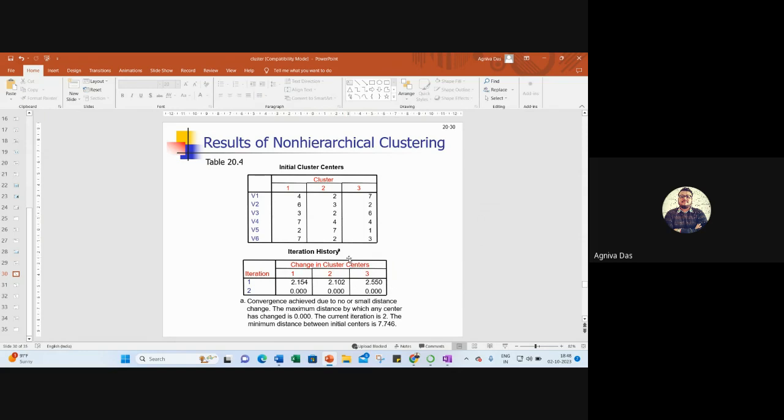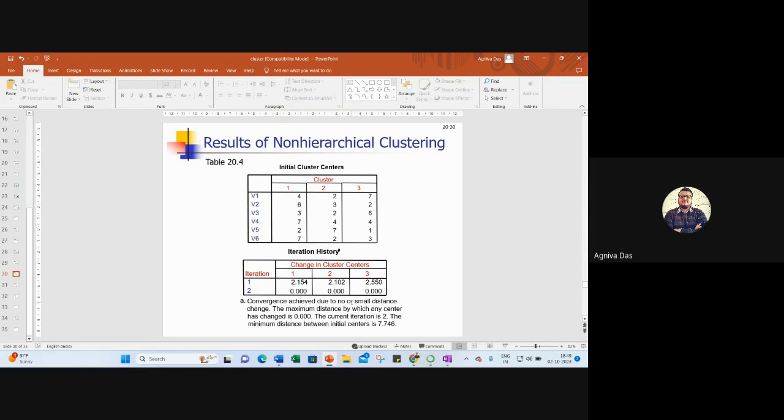Now, has there been any change in the clusters in the iterations? So in this way, we can actually make changes also. So the first iteration change was like this. Now, after the second iteration, the cluster changes have become 0, 0.0, 0, 0.0, and 0, 0.0.